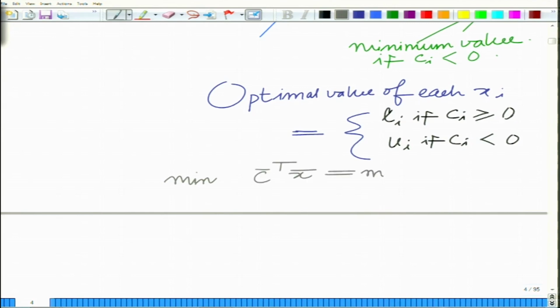which is equal to the minimum of summation i equals 1 to n Ci xi.